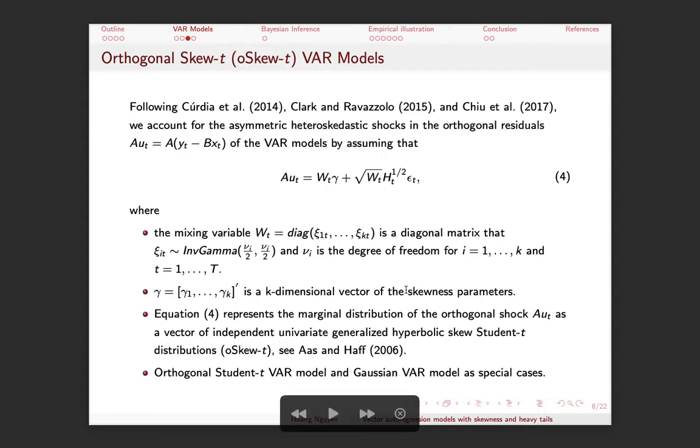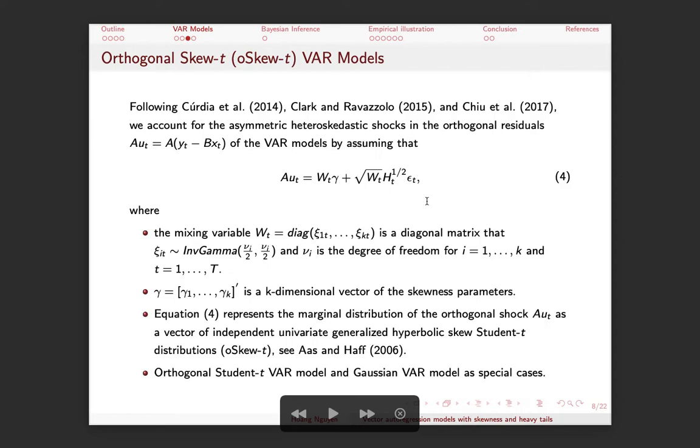And if we think about Ut, it's nothing but a linear combination of the orthogonal shock in this case. So the orthogonal model can be written in terms of mixtures of mean and variance of the Gaussian shock.